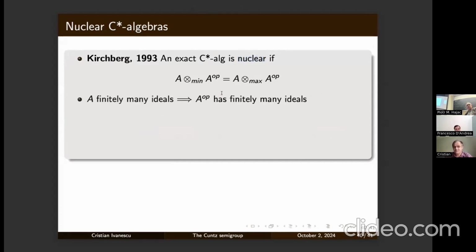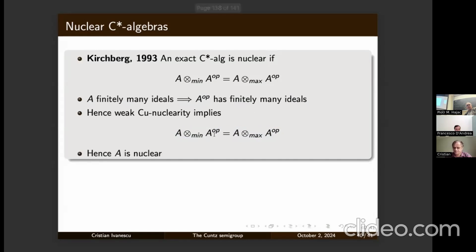Now, if A has finitely many ideals, or in particular is a simple C*-algebra, then the opposite has also finitely many ideals. So that means now I can apply the result earlier if I have weak nuclearity, and then I get that this is true. And then again, thanks to a Kirchberg result, I can deduce that A is a nuclear C*-algebra.